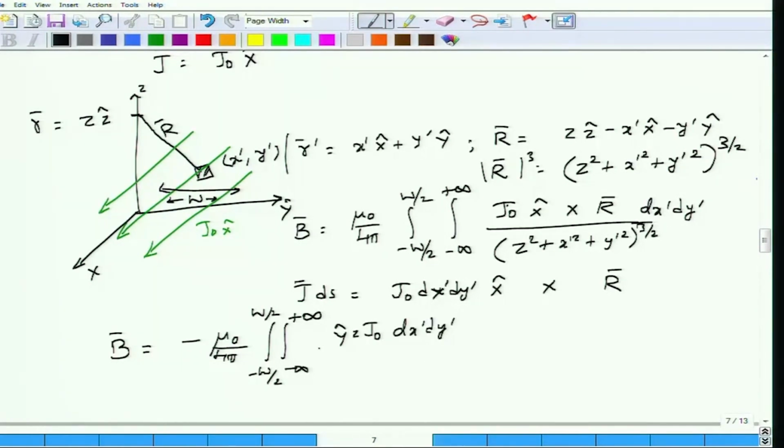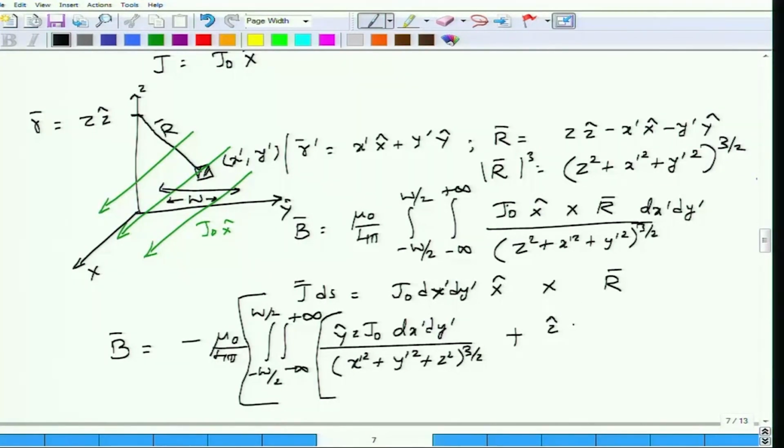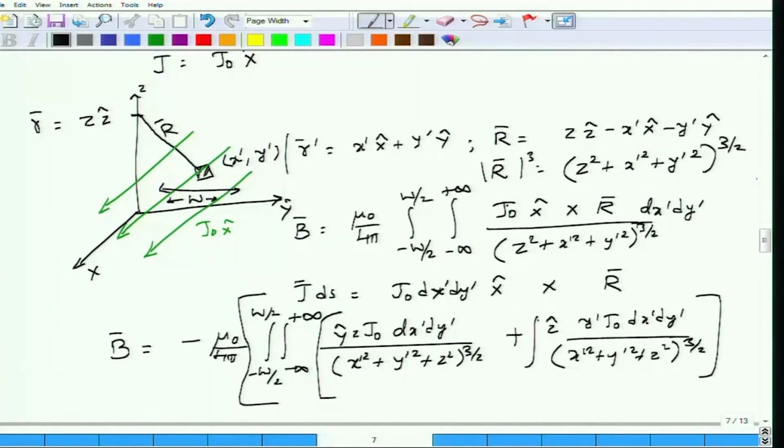In the numerator I have z divided by x prime square plus y prime square plus z square to the power 3 by 2, and then I have another integral which is along the z axis, and that is y prime J0 dx prime dy prime divided by the same x prime square plus y prime square plus z square to the power 3 by 2. So, this denominator is actually the same and there are two integrands up there.